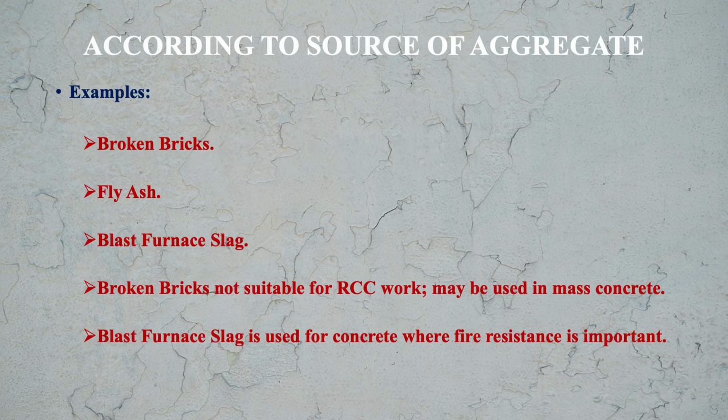Examples are broken bricks, fly ash, blast furnace slag. Broken bricks are not suitable for RCC work. These may be used for mass concreting or foundation work. Blast furnace slag is used for concrete where fire resistance is important. So if the prime concern is fire resistance, you can use the blast furnace slag aggregates.